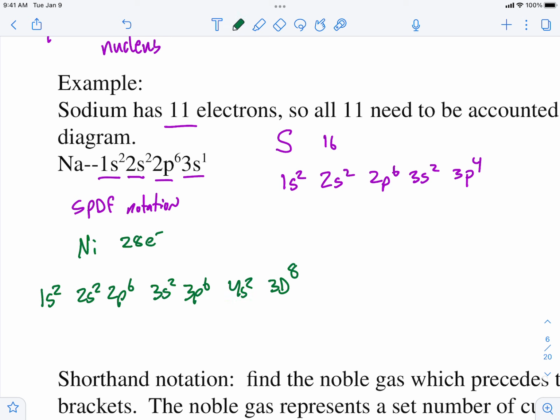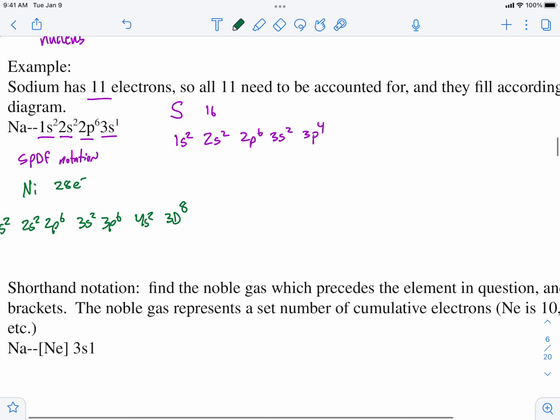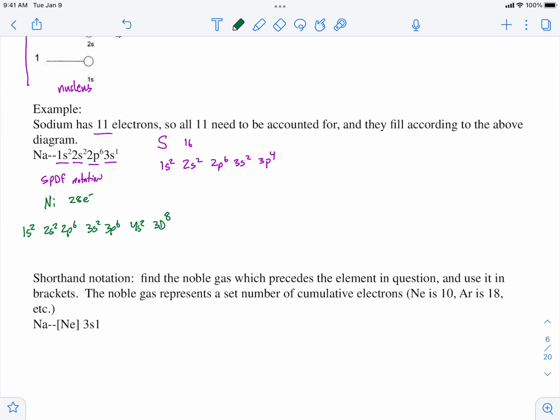Okay. So as you can imagine, if I asked you to write the SPDF notation for gold, that would be kind of annoying, right? Because of how many sublevels there are. You could do it, but then there's an alternate method. It's called shorthand. To find shorthand, this is what you do.